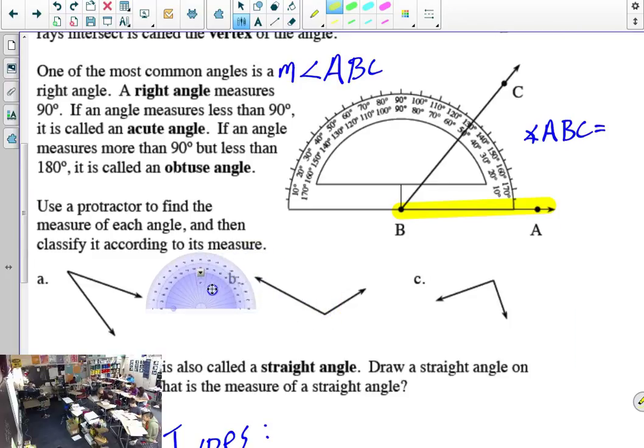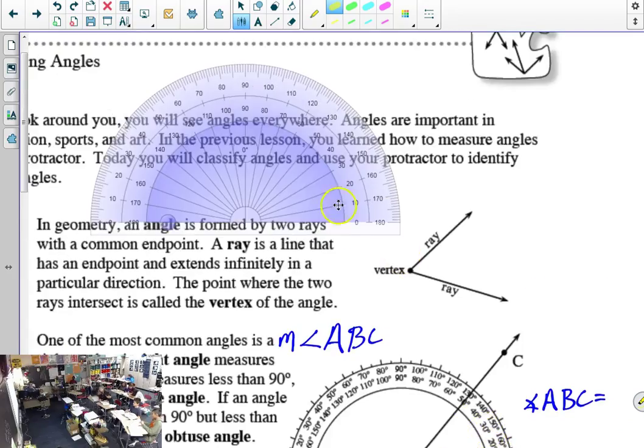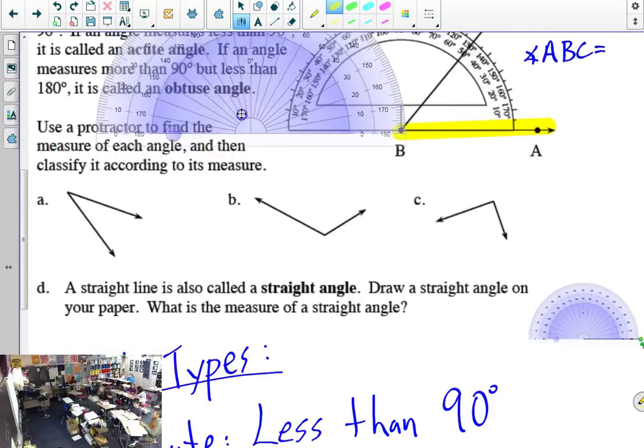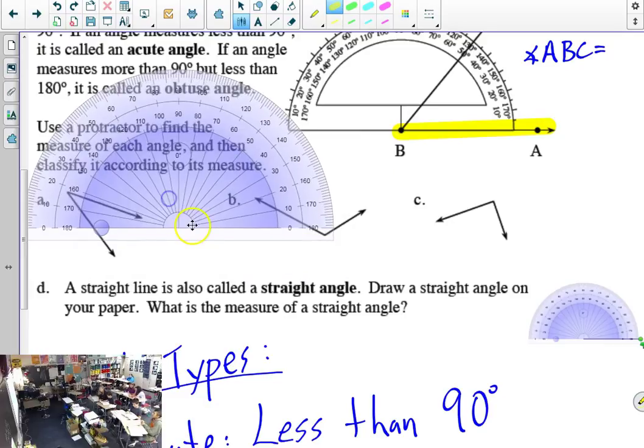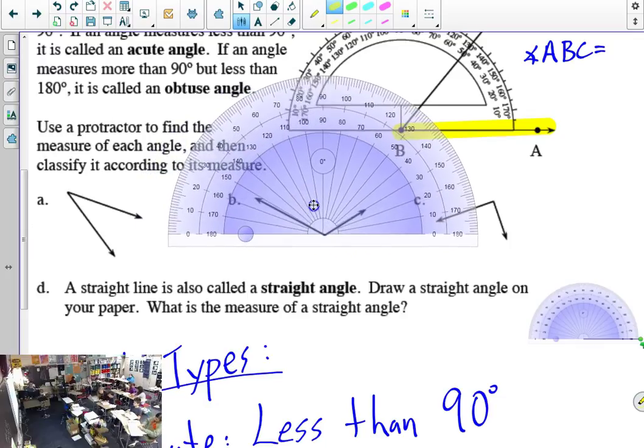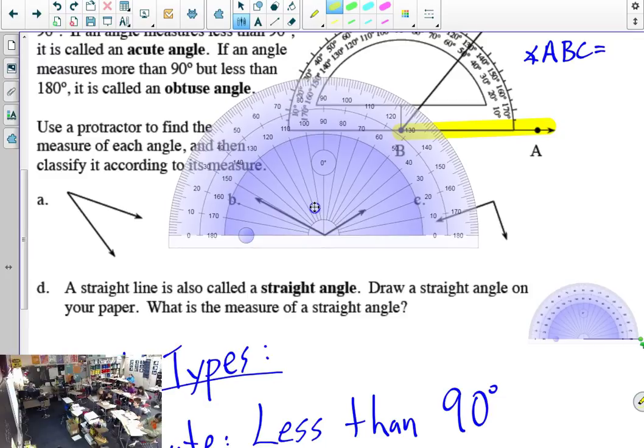If you are having any issues, your protractor, if you're working with an orange one, has a T that looks like this at the bottom. You want to line that up with your vertex, because that's your 0 line.